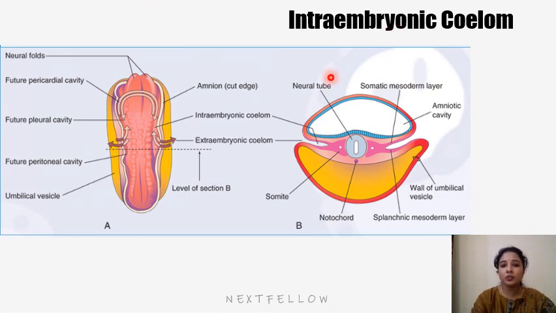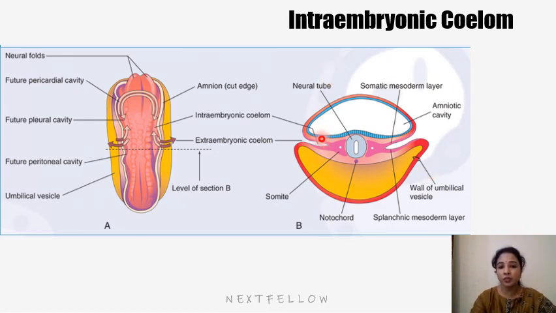So the parietal layers of the pleura, pericardium and peritoneum are all derived from the dorsal somatic lateral plate mesoderm, whereas the visceral layers of pleura, pericardium and peritoneum all develop from the ventral visceral lateral plate mesoderm. So somatopleuric lateral plate mesoderm will give rise to parietal layers, and splanchnopleuric or visceral lateral plate mesoderm will give rise to visceral layers.